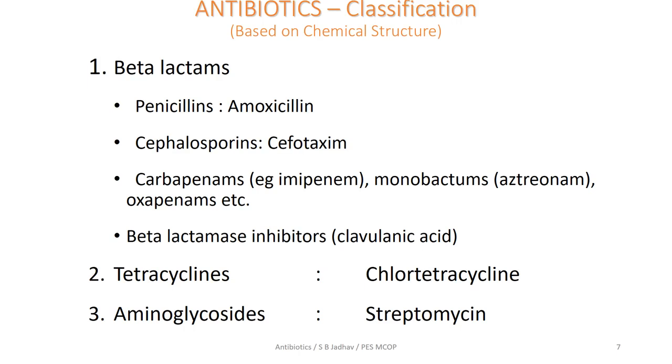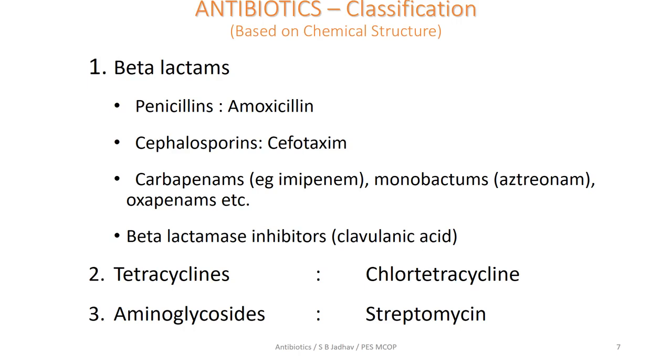These classes are first beta-lactams, which include penicillins, example amoxicillin, cephalosporins, example cefotaxime, carbapenems, monobactams, oxapenems, and the beta-lactamase inhibitors like clavulanic acid.